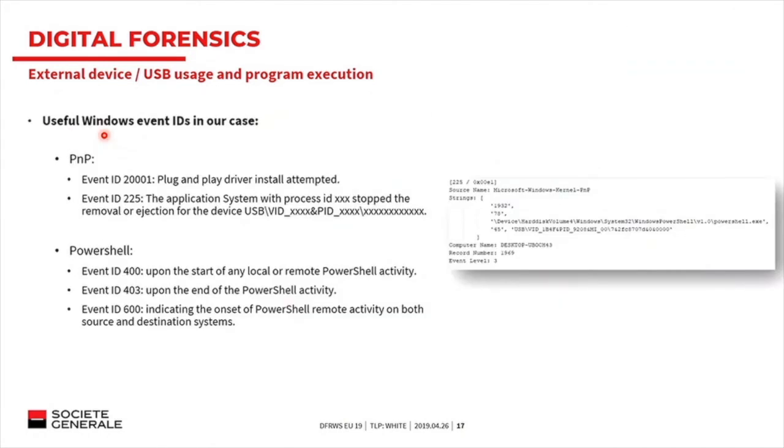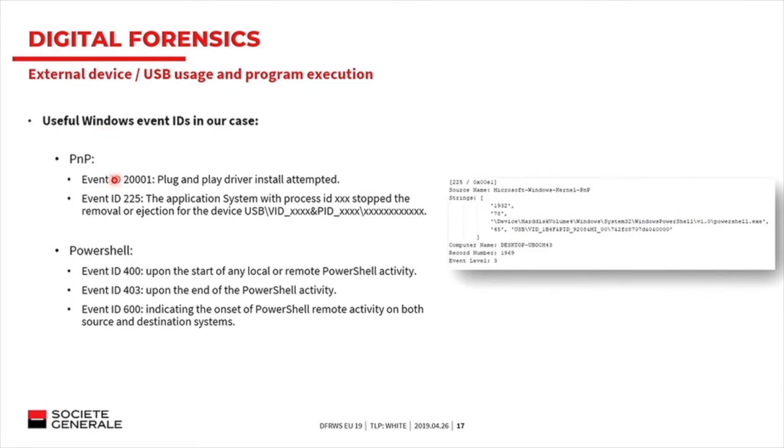So when we review our timeline, we see that USB devices were connected, and when we review the Windows event log, two specific Windows event logs were really useful for us.